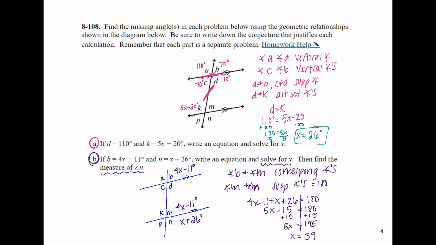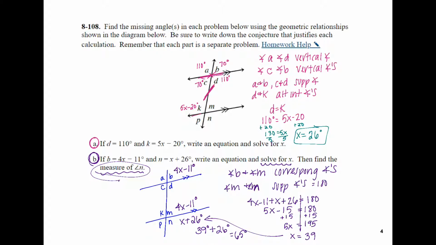However, remember, they asked us to solve for the measure of angle N. So when we solve for the measure of angle N, we need to plug 39 degrees back into our actual equation. And when we plug 39 degrees back in, we get 65 degrees.